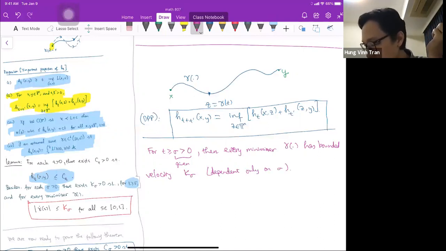More precisely, we have the absolute value of gamma dot of s less than or equal to k sigma for all s in 0 to t. So this is the second important point.